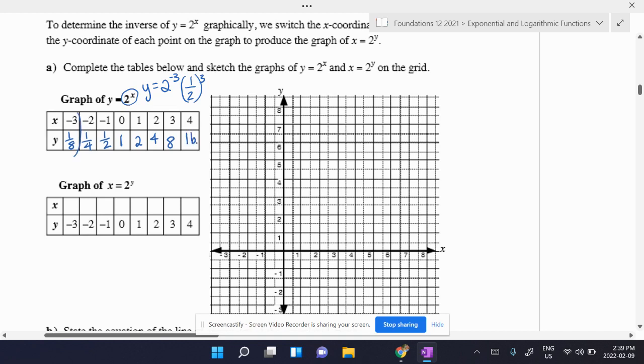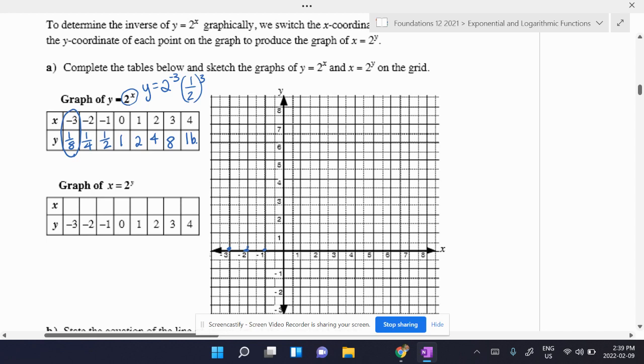So now I'm going to put these coordinates, right? Negative 3, so 1, 2, 3, and 1/8. So that's going to be right here somewhere. Negative 2, 1/4.